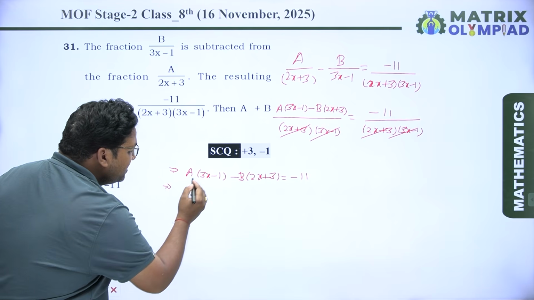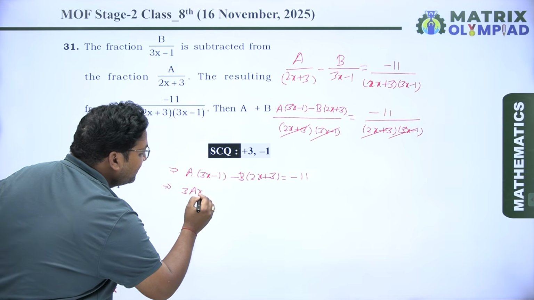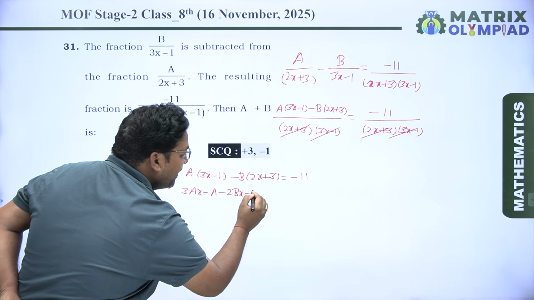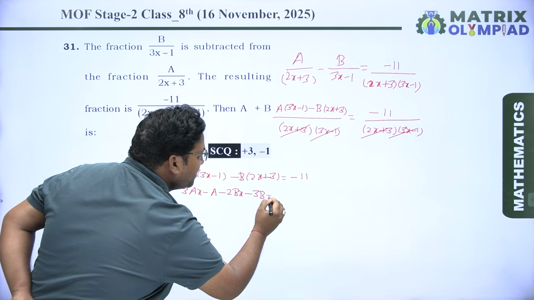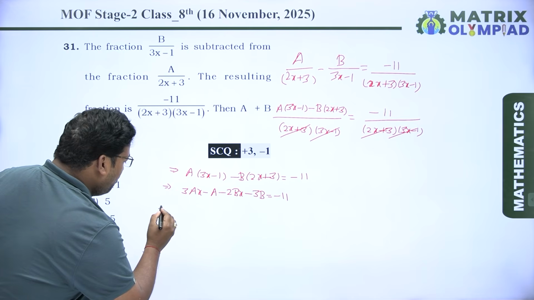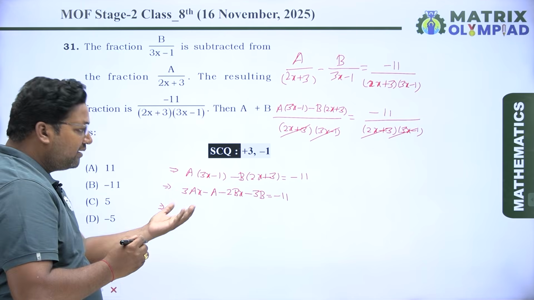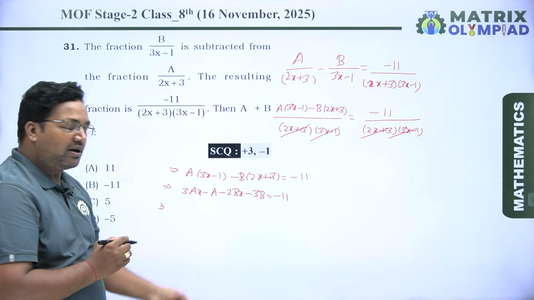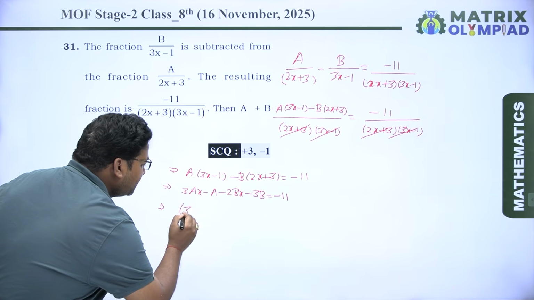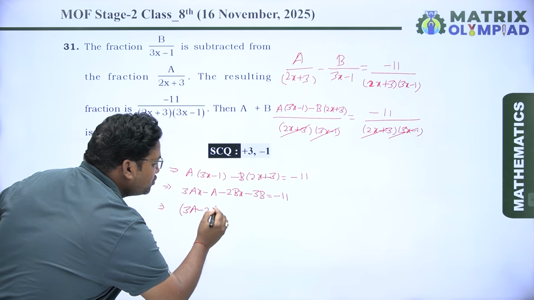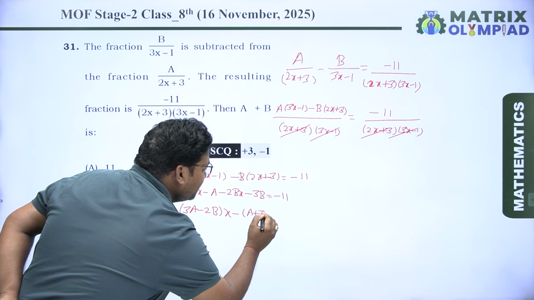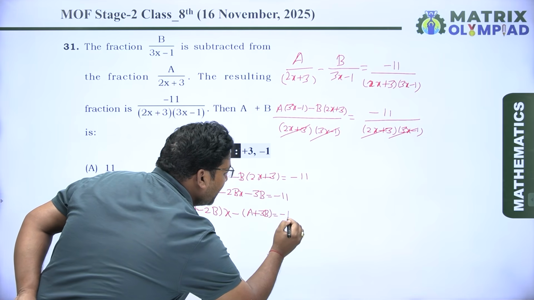Now we have to solve left hand side part and right hand side part. So left hand side is 3ax minus a minus 2bx minus 3b is equal to minus 11. Now we have to take variable terms on one side and constant terms on the other side. So it is 3a minus 2b into x minus a plus 3b equal to minus 11.